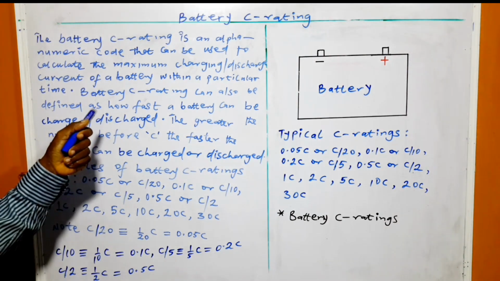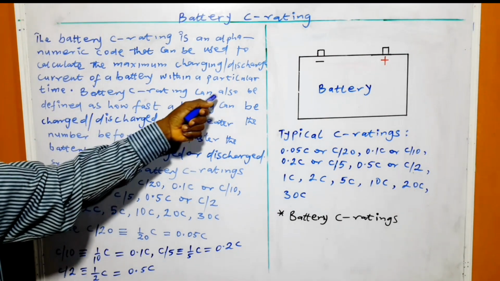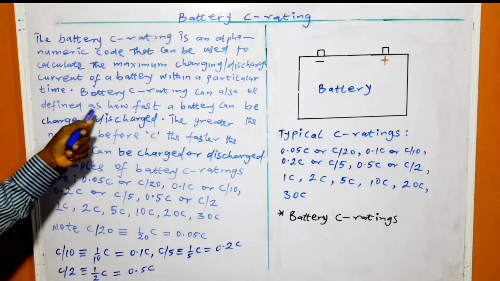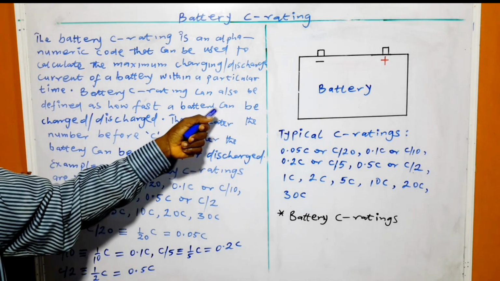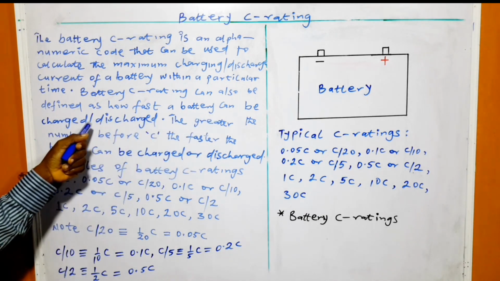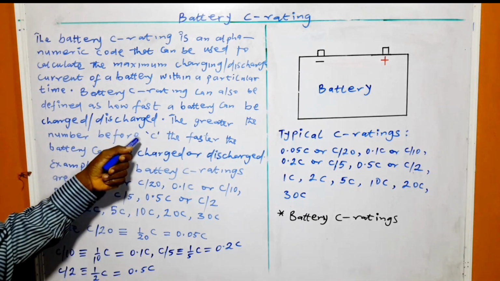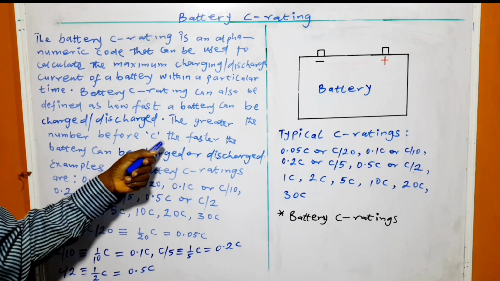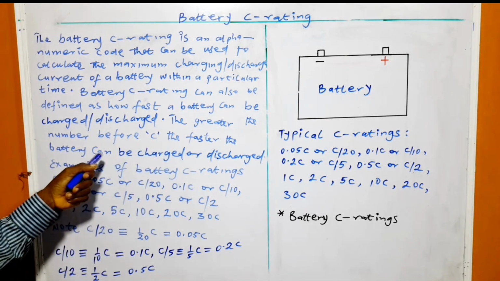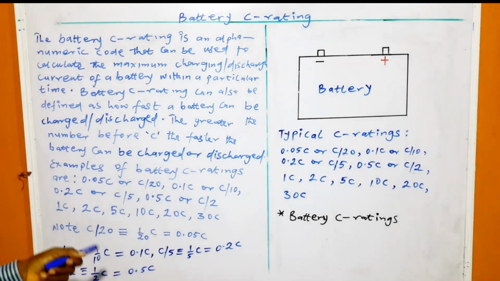Also, battery C rating can be defined as how fast a battery can be charged or discharged. The greater the number before the letter C, the faster the battery can be charged or discharged.